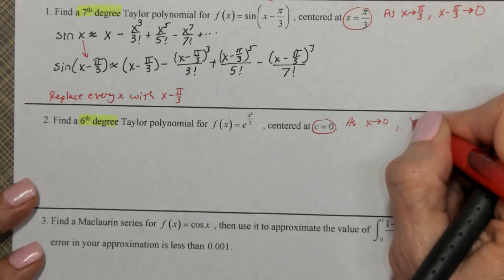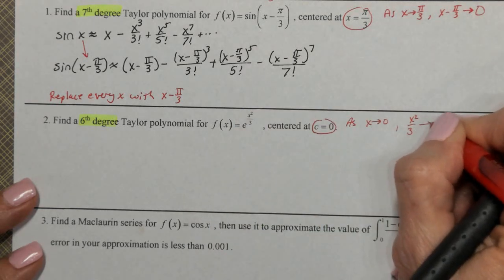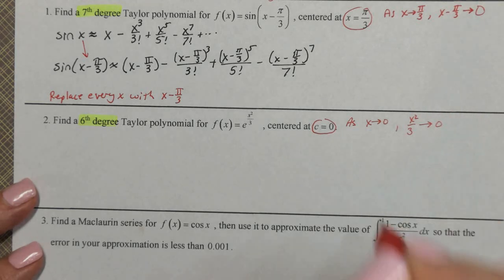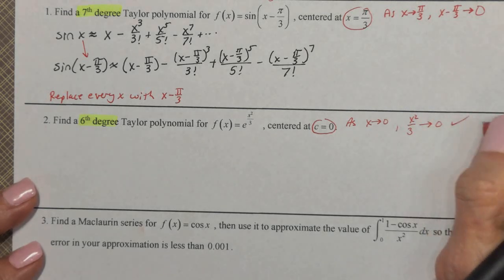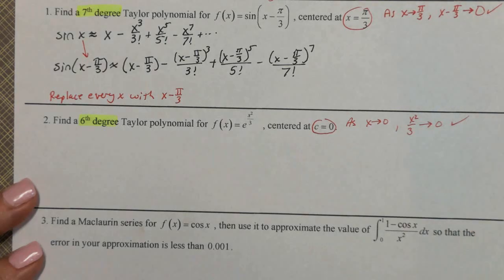What does x squared over 3 do? Well, it goes to 0 just like the argument in e to the x goes to 0 for the Maclaurin. So it checks. When these check, you can use your memorized series. If they don't check, then you must go through the whole derivative process.